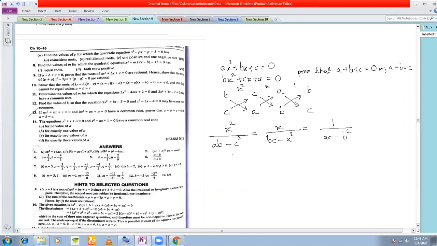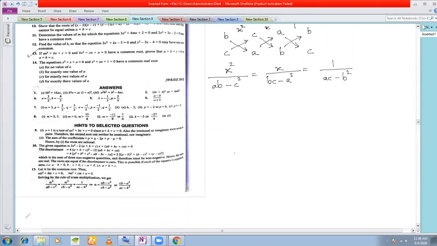Okay, so considering these two, you get x by bc minus b square is equal to 1 by bc minus b square. That means x you get as bc minus a square by bc minus b square.